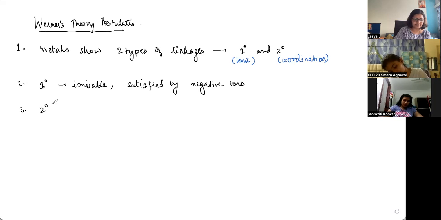And the secondary valency is non-ionizable. So whatever is bound by the secondary valency, you cannot break them down into ions. And this can be satisfied by either negative ions or neutral atoms.